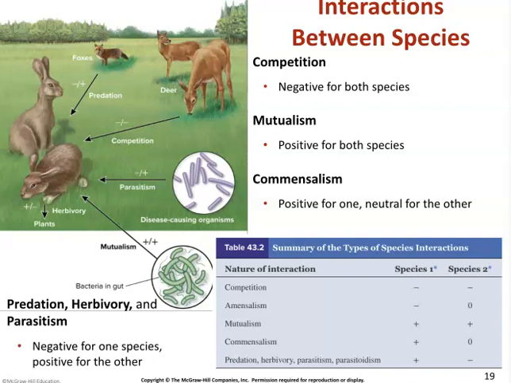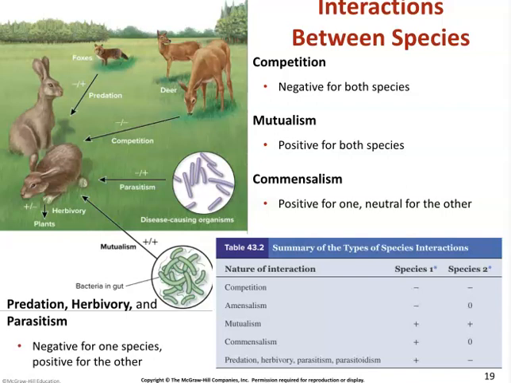So when we have interactions between species, we look at different avenues of interaction. Sometimes we have competition. Competition typically results in a negative for both species because neither species is succeeding at getting 100% of what they need all the time. Another interaction we see is mutualism.